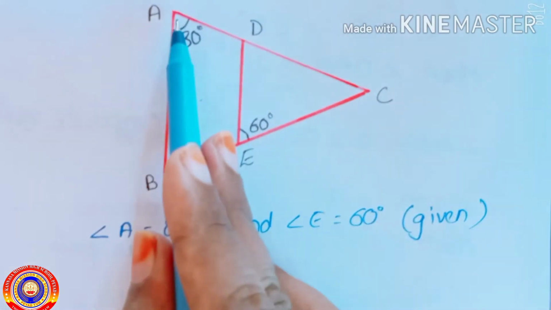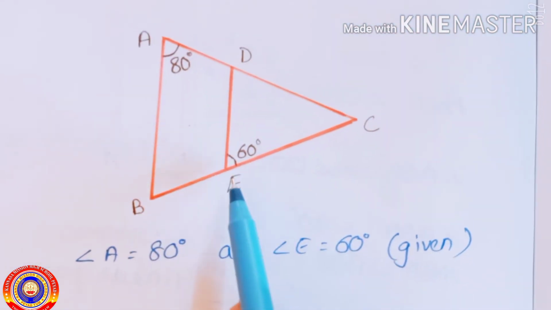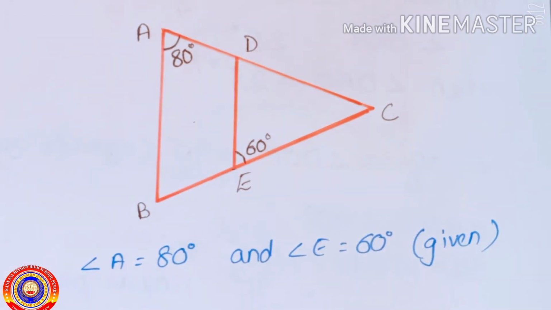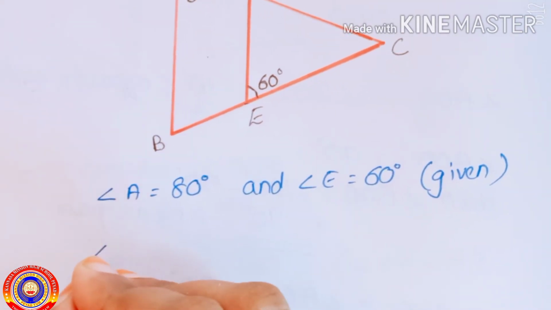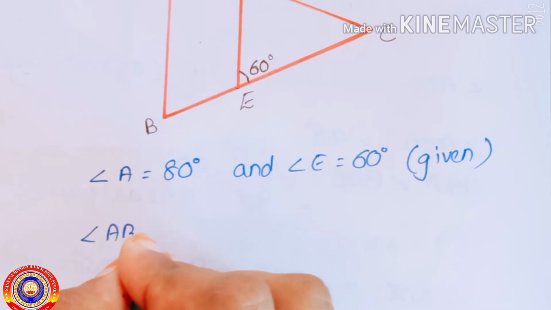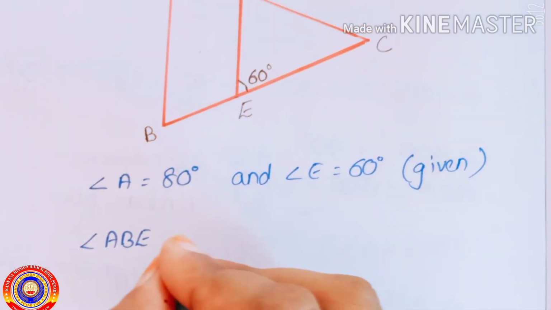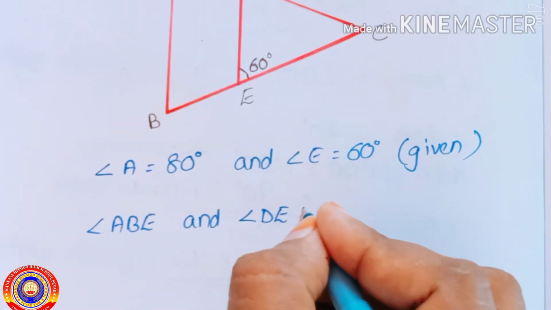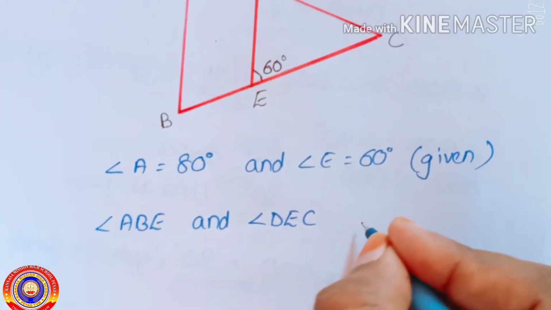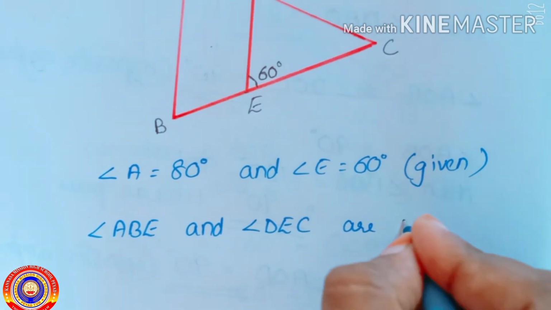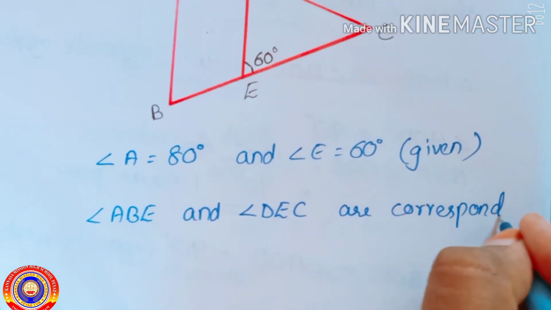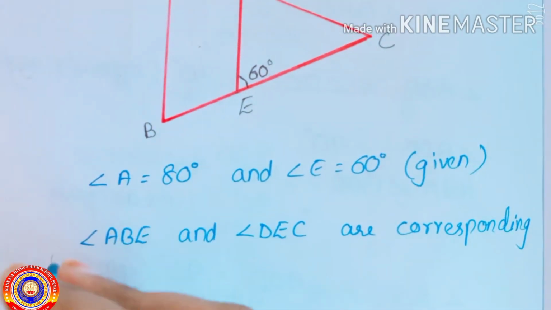Here angle ABE and angle DEC are corresponding angles. Corresponding angles are angles which are in the same position or on the same side. So angle ABE and angle DEC are corresponding angles.